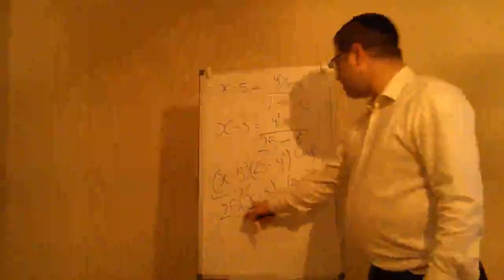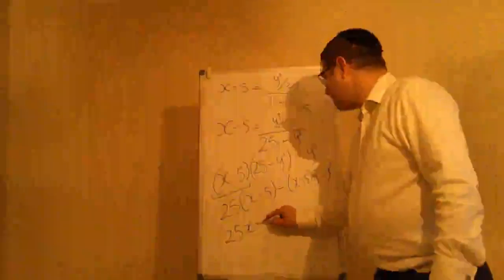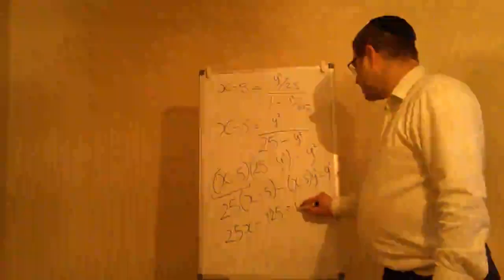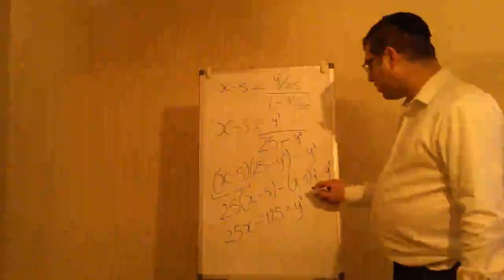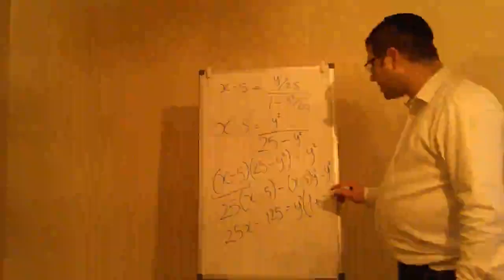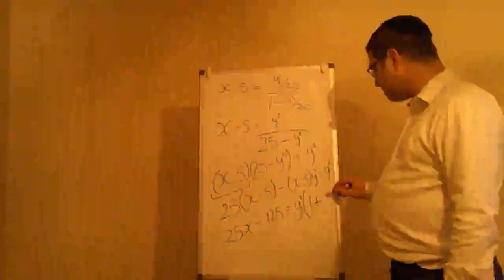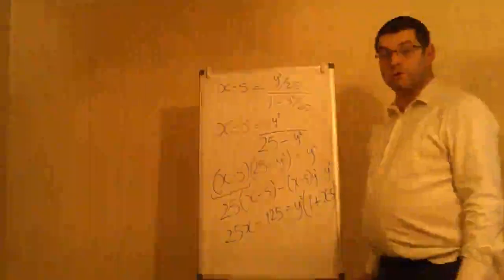So, let's now multiply this out. So let's do 25x minus 125 equals, and collect together the y squared terms. We've got one y squared on the right hand side, plus we're going to have another new bracket of x minus 5 on the right hand side. So it's plus another x minus 5 lots of y squared.